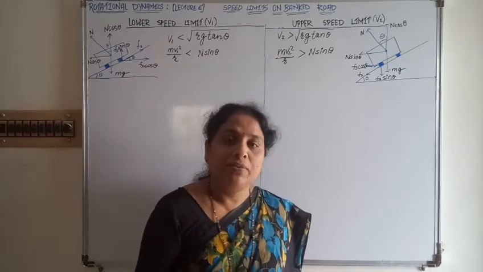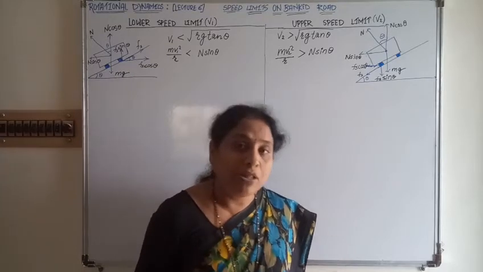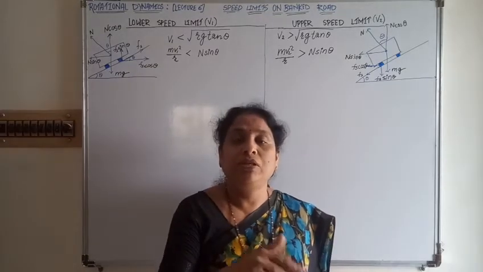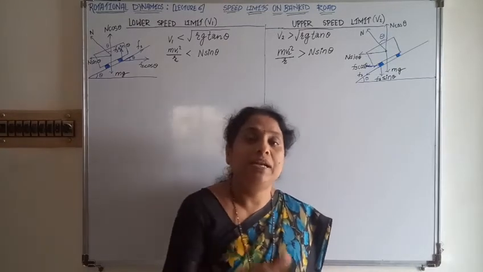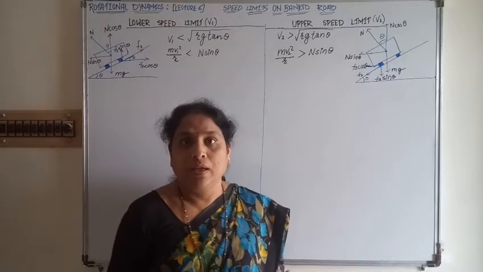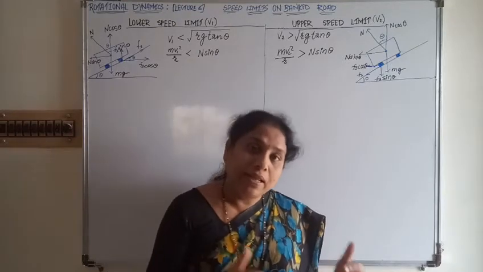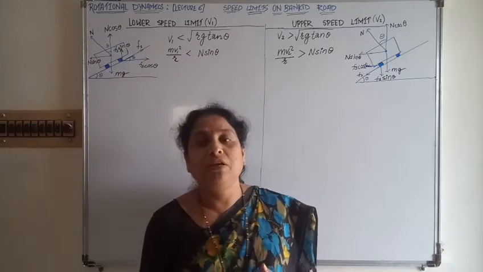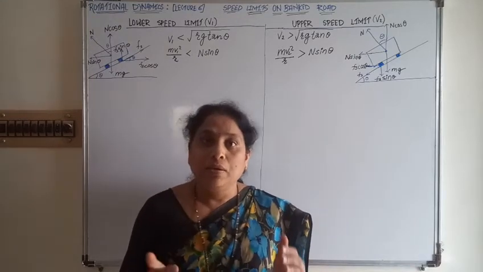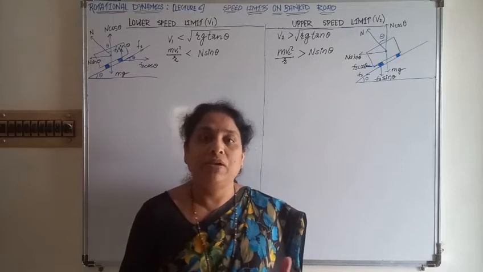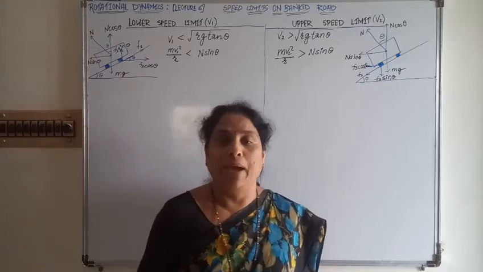In that case, the only force acting on the vehicle is n sin theta, which is directed along the center and that provides the centripetal force. By considering that, we found the equation Vs is equal to under root Rg tan theta. That is the most safe speed with which the vehicle can pass on a given bank road.